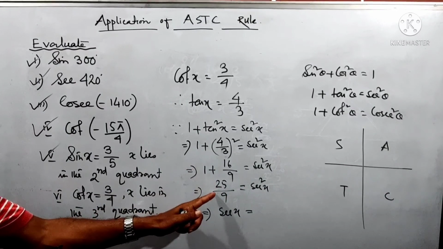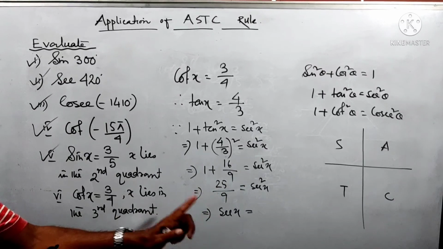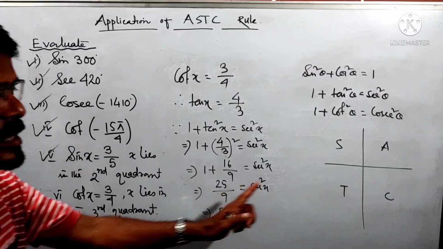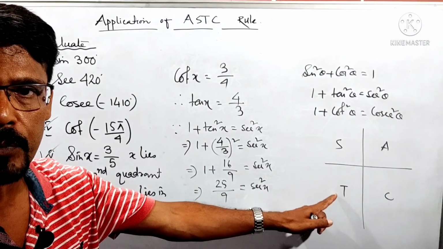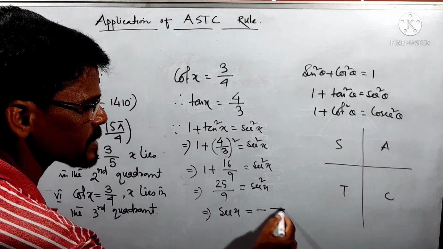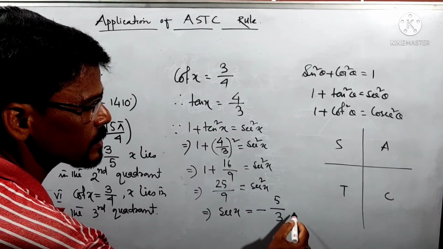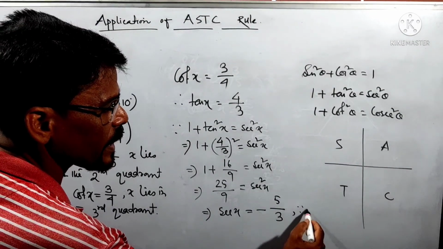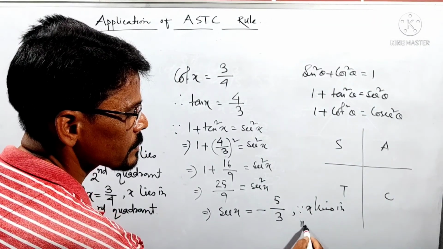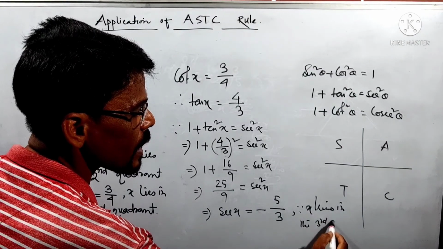But this result must be negative because in the question it was given that x lies in the third quadrant. And in the third quadrant, only tan positive and cot positive, other ratios are negative. That's why we have to write here minus 5 by 3, since x lies in the third quadrant.